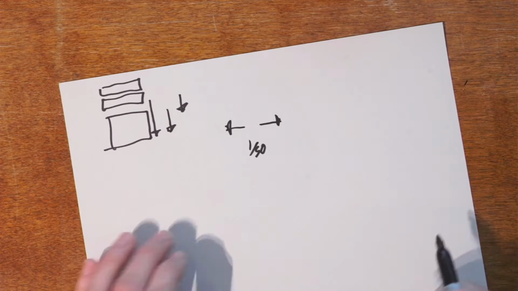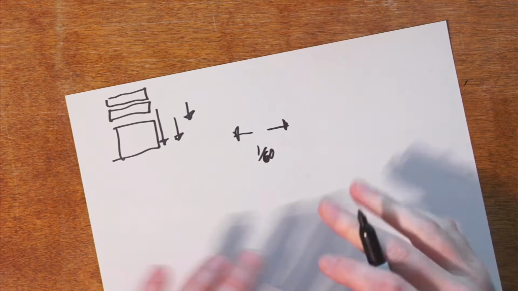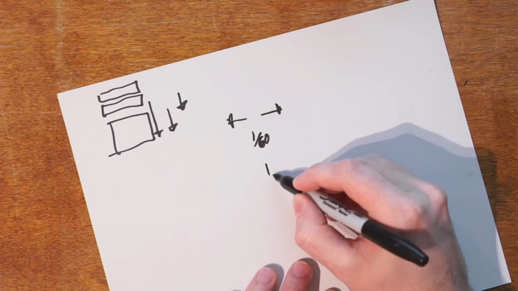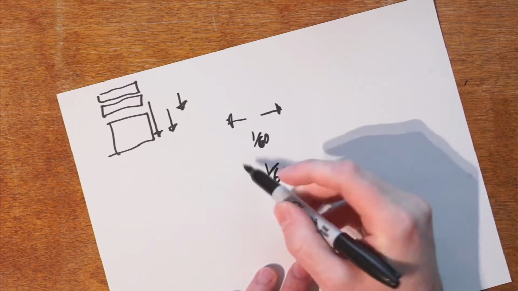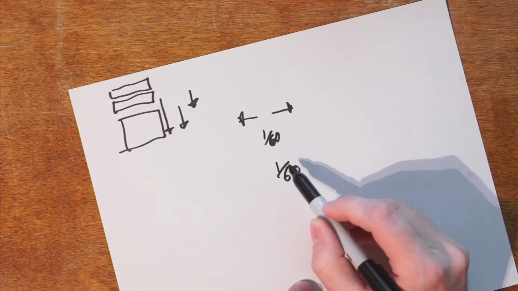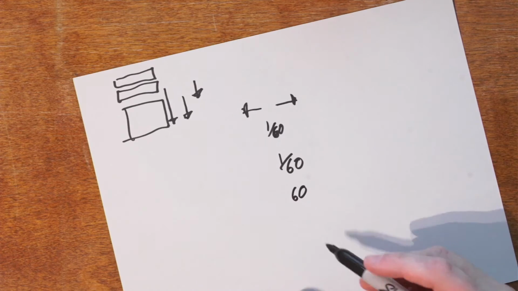Now, you're not going to see that value on a camera. You're probably going to see 1/60th, so I'm fine using that as our center point as well. So we are going to use 1/60th as our center. And then, again, you do not see it as 1/60th of a second. You just see the value of 60 on your camera.